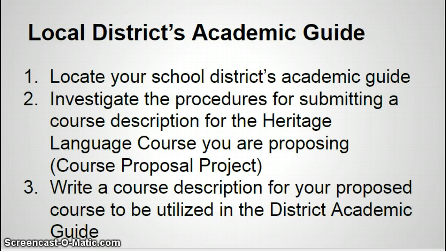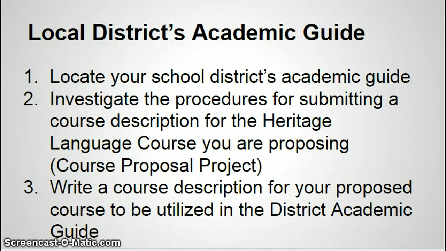After you've completed your research, or as you're working on the research looking into the various course designs, models, and syllabi, you need to locate your school district's academic guide. This might be done simultaneously with your research on how to propose a course. Most school districts have a district academic guide that outlines the courses that are available and what they include.